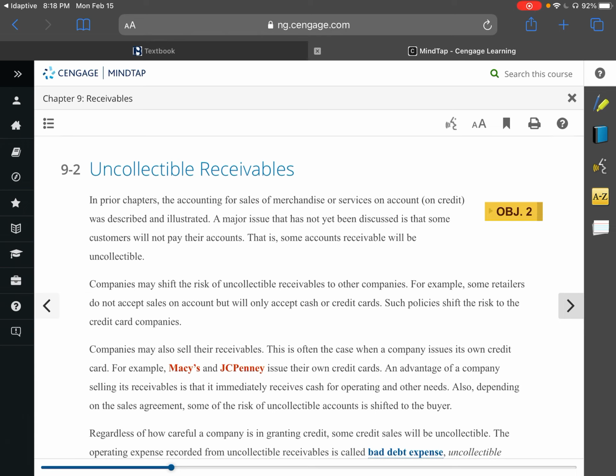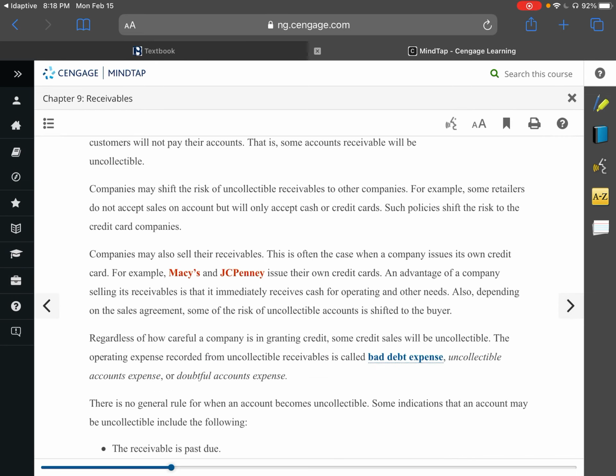So if we have a receivable that we are owed by a customer, and that customer chooses not to pay us back or lacks the ability to pay us back or for whatever reason never pays it, that's considered uncollectible. And we have to figure out how to account for uncollectible receivables. And that's what we're going to spend the rest of the chapter on next week, is looking at the different methods that we will use to write off uncollectible receivables.